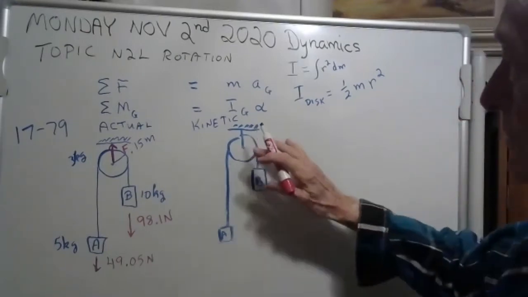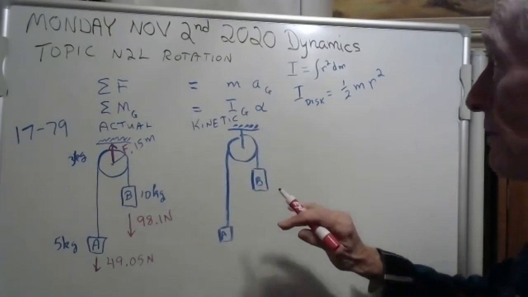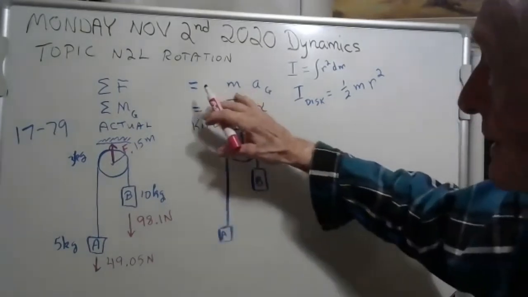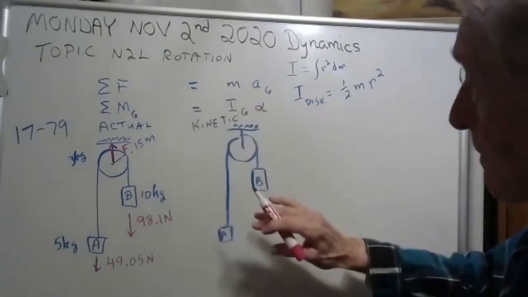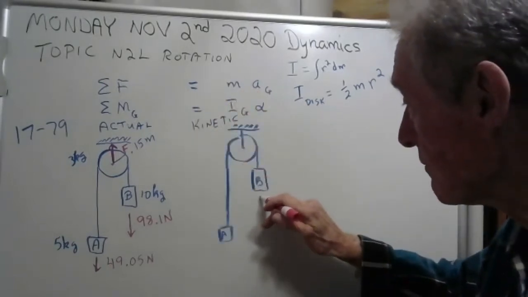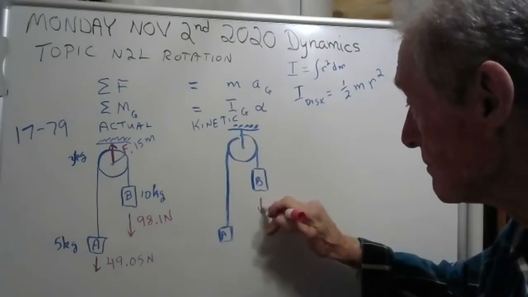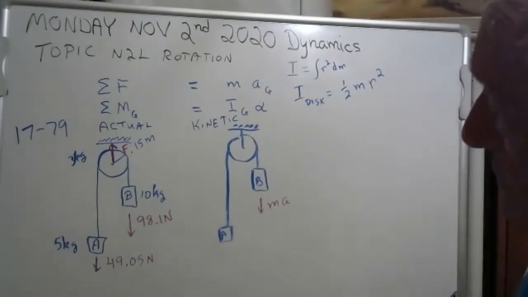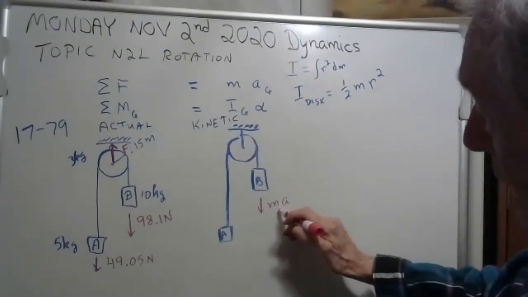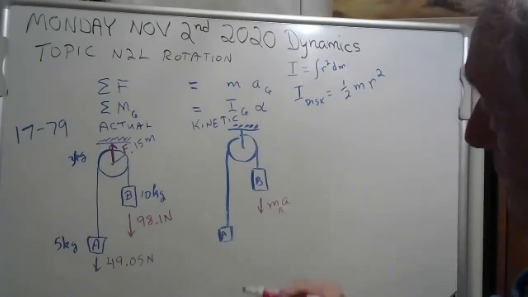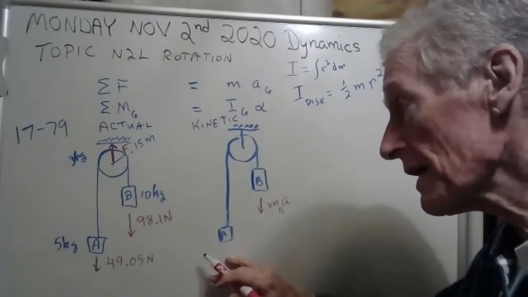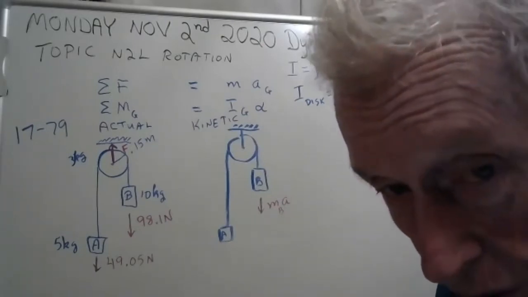Now over here, what we're going to have is ma. This is called a kinetic force. And this here is going to have an m_B a going down. But now this one's not going down. They can't both go down.